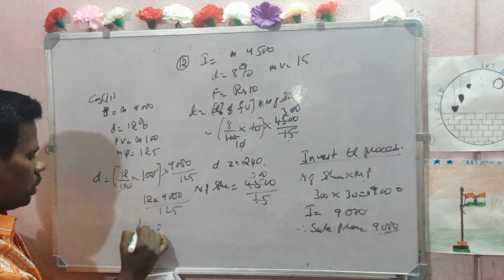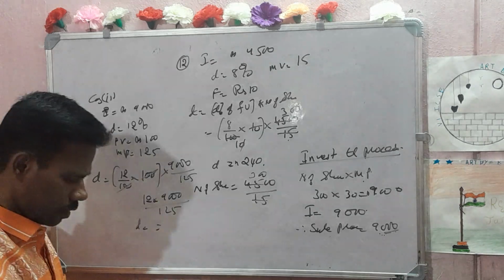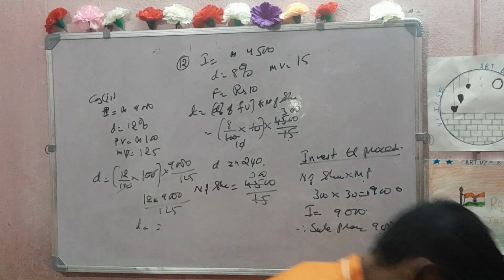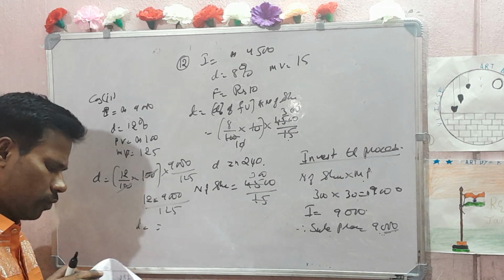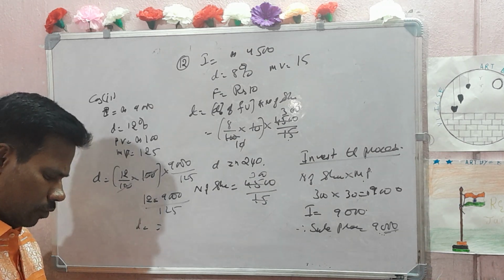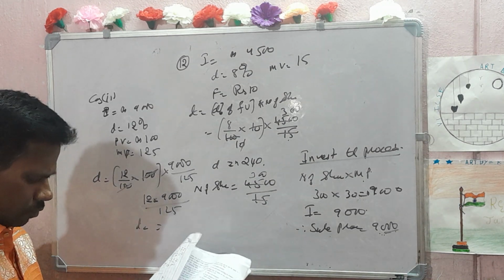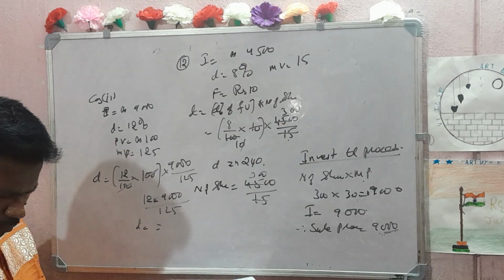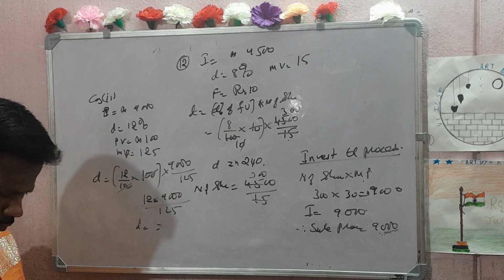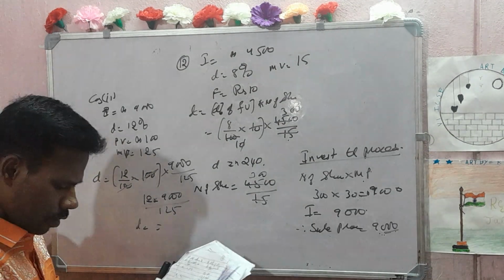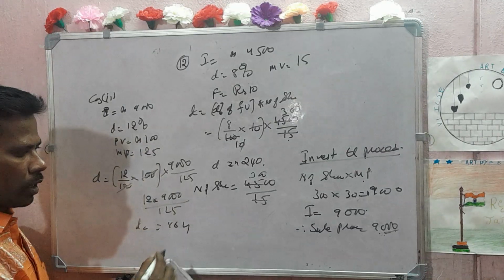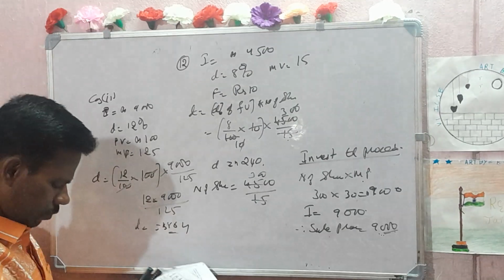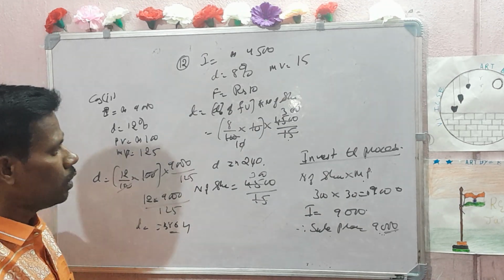Simplify this and you will get 864, which is the dividend.